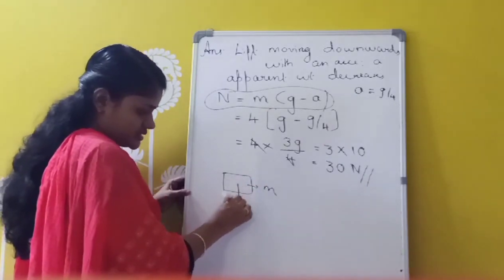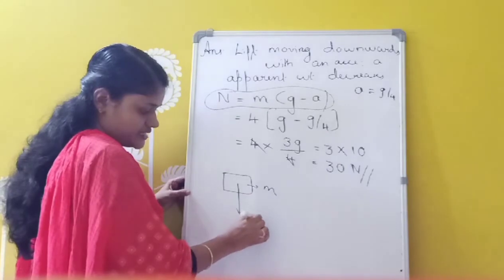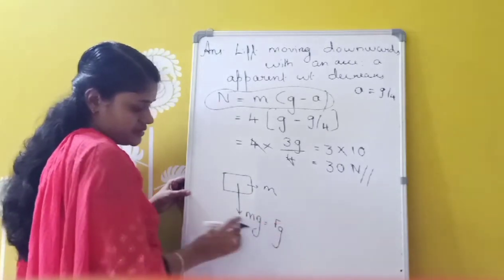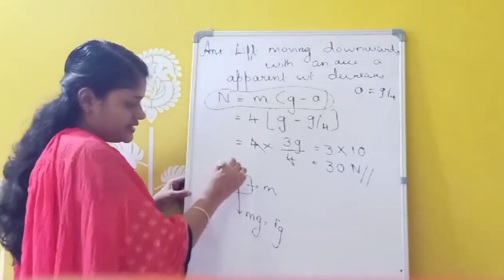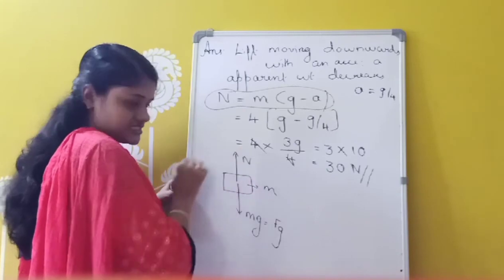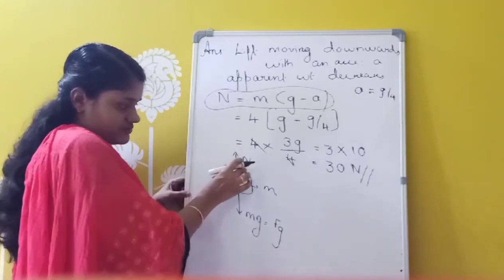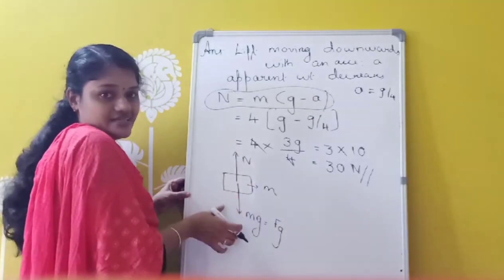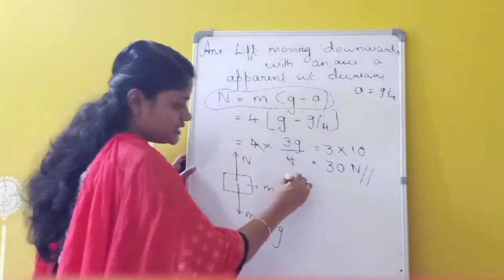Then the weight of this person acts in the downward direction. Weight means gravitational force Fg. So weight is acting downwards and the normal reaction force is acting in the upward direction. Whenever this lift is stationary, both will be balanced. Net force will be 0 here.